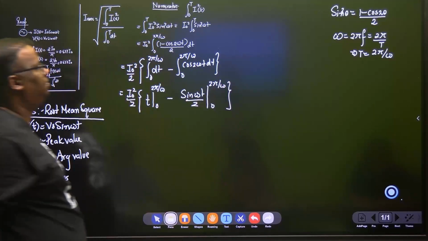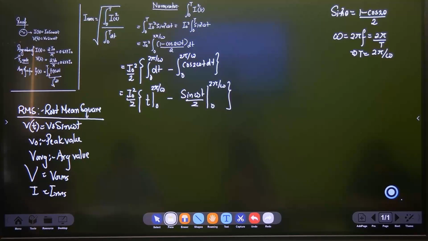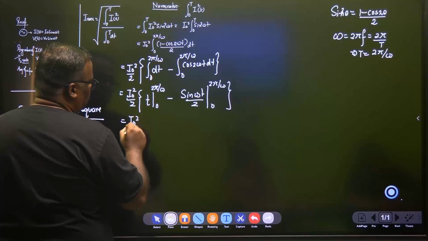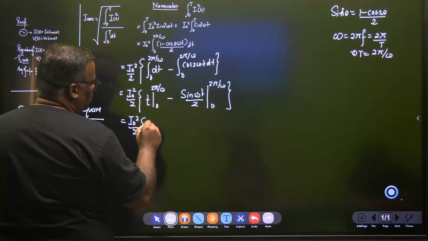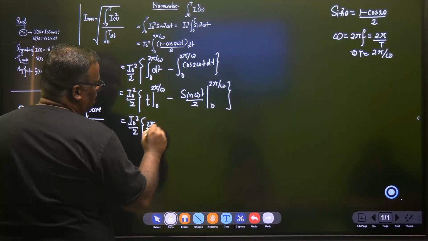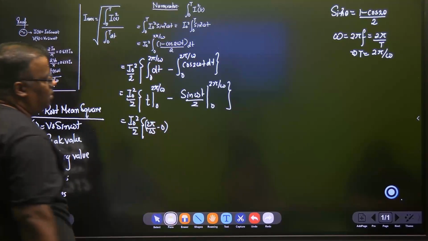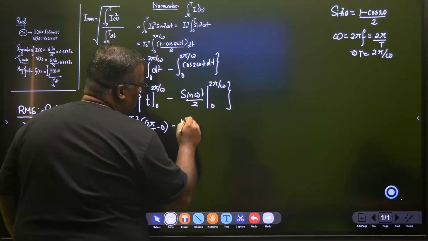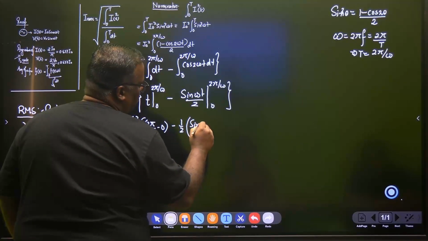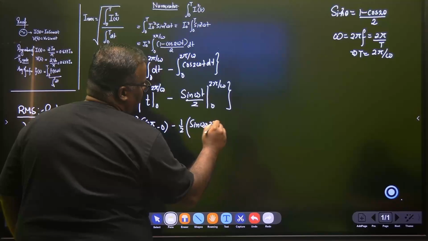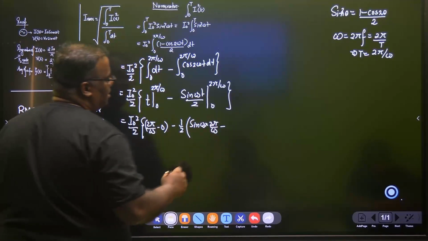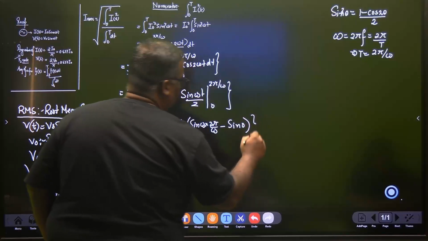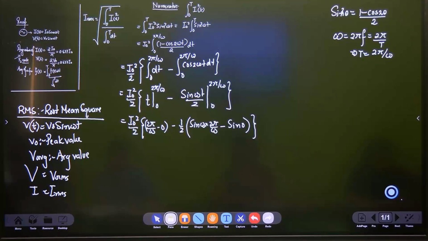So if I look at this, this will be I naught square by 2, 2 pi by omega minus 0. This is the first limit reduced. And minus, I'm taking the half outside, sine 2 omega into 2 pi by omega minus everything multiplied is sine 0. Perfect. Till here, no issues.